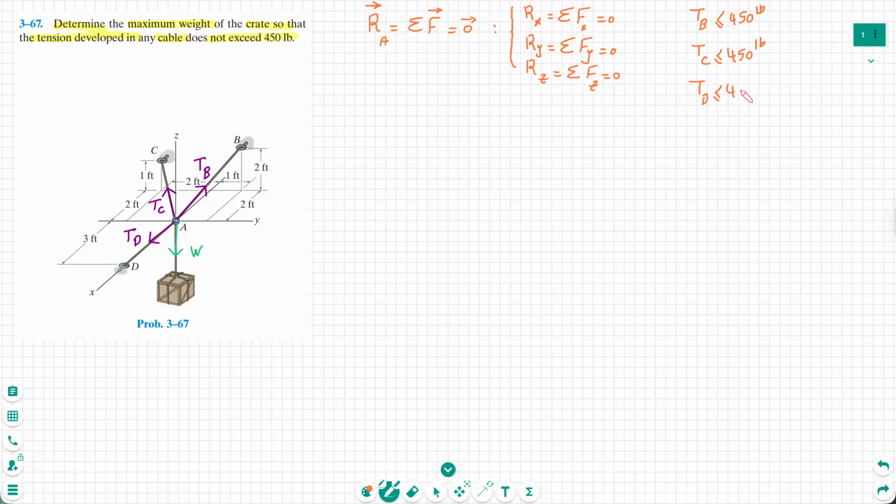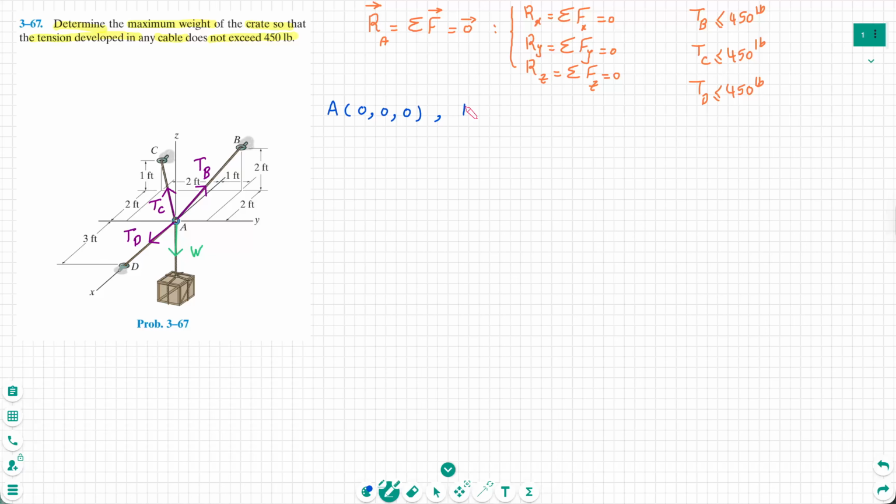Okay, if I write the equation, the best method to write this equation first is to work with the coordinates of the given points. The coordinates of point A is at the origin of the system of coordinates, so it is simply 0, 0, 0.